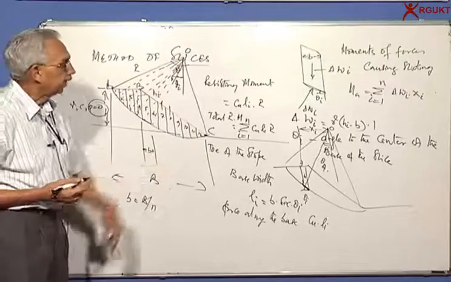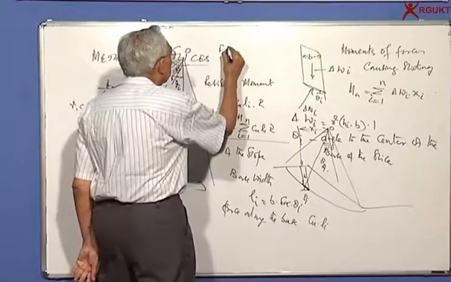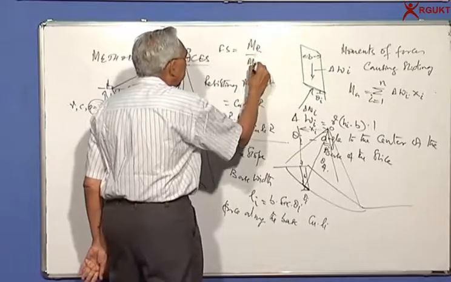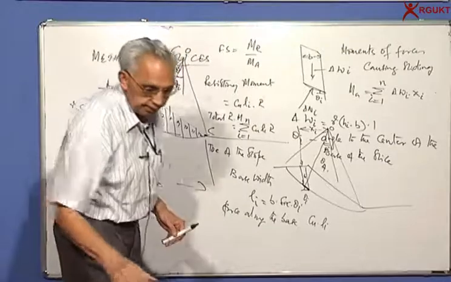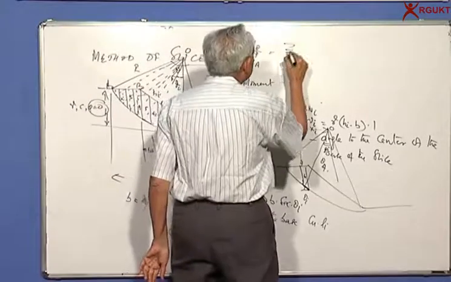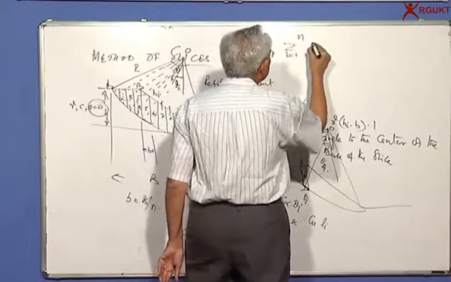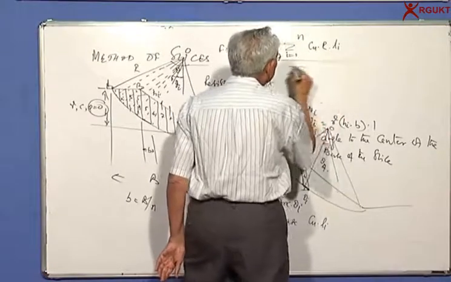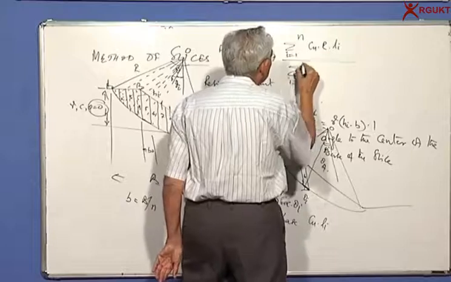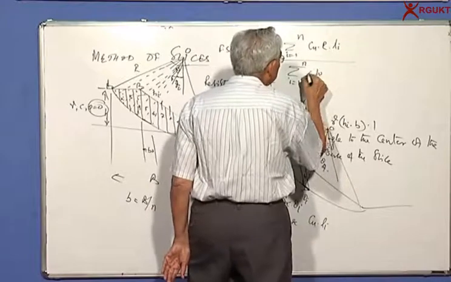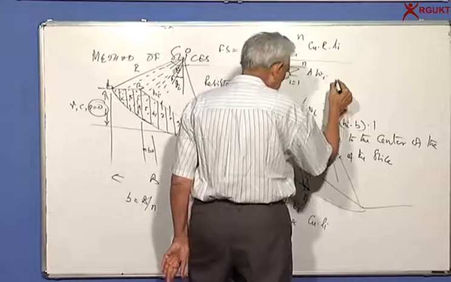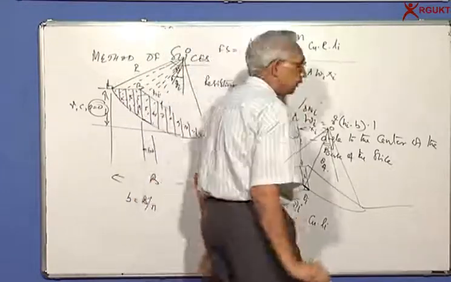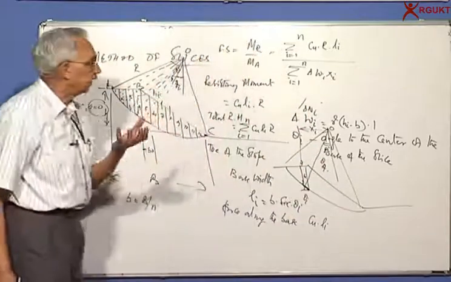And from there the factor of safety is equal to resisting moment by activating moment, which is sigma i going from 1 to n of Cu R Li divided by sigma i going from 1 to n of delta Wi into Xi. So this can be easily done with hand calculation.